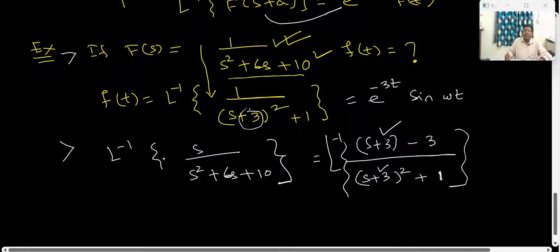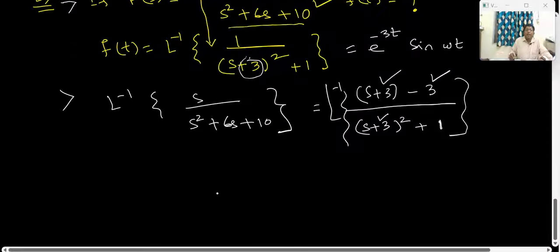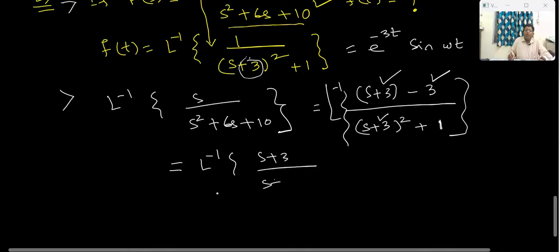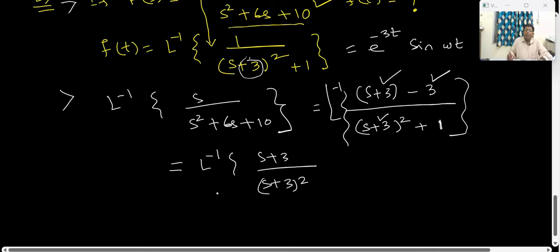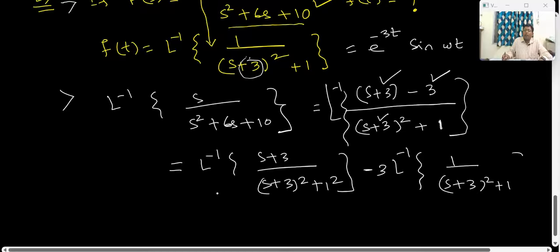So I separate them out: L inverse of (s plus 3) divided by (s plus 3) square plus 1 square, minus 3 taken out, L inverse of 1 by (s plus 3) square plus 1.